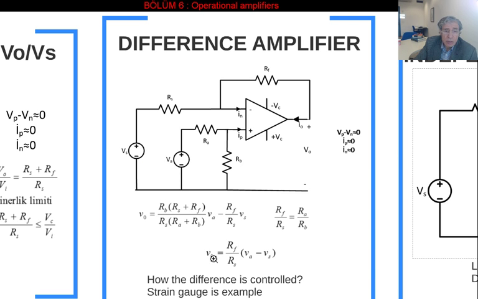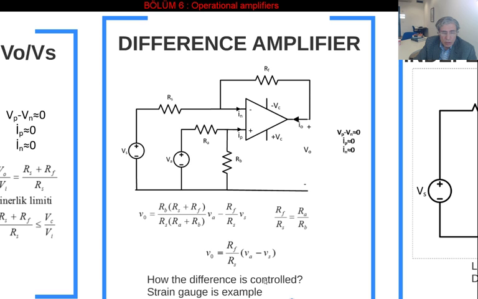That means difference, isn't it? It says amplifier, so you can amplify this difference by choosing the RF and RS values. RS cannot be played with, but by choosing the RF value, you can amplify your input difference to any value you like at the output.